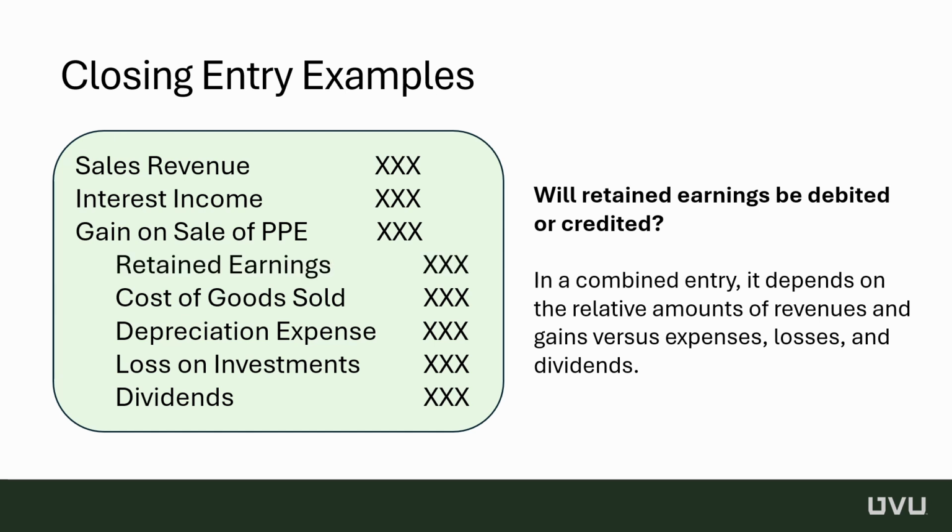If our income increasing accounts are greater than our income decreasing ones, retained earnings will get the credit for the difference. Whereas if our expenses and losses and dividends were greater than our income increasing accounts, retained earnings would be debited.